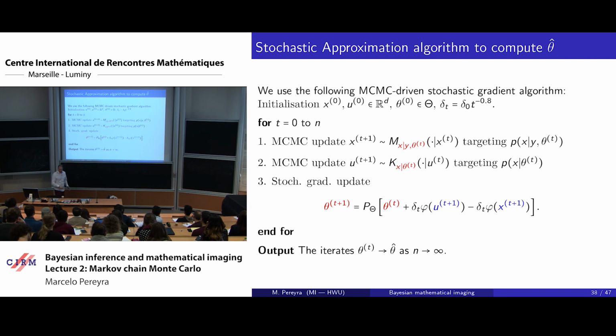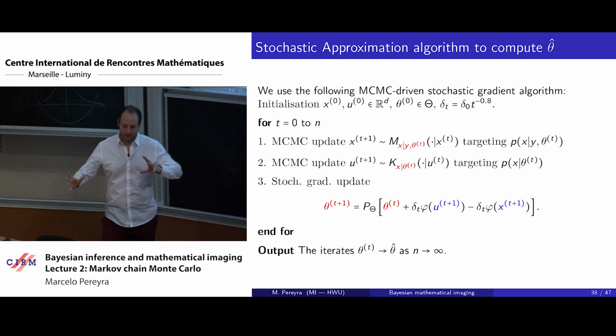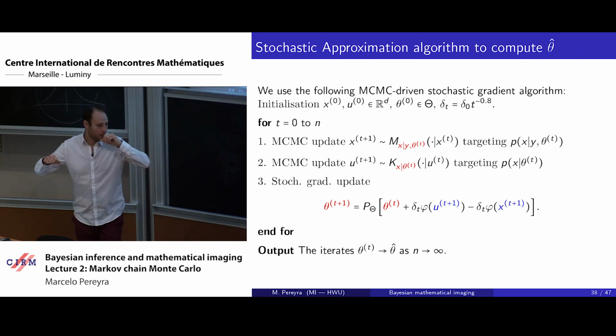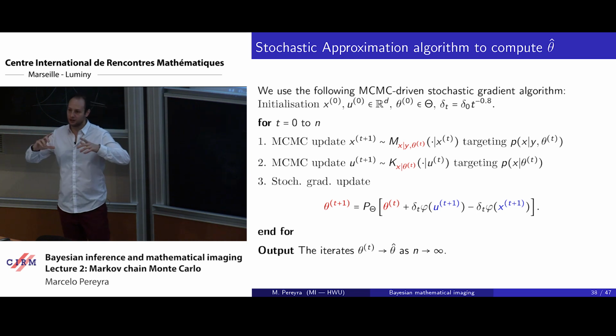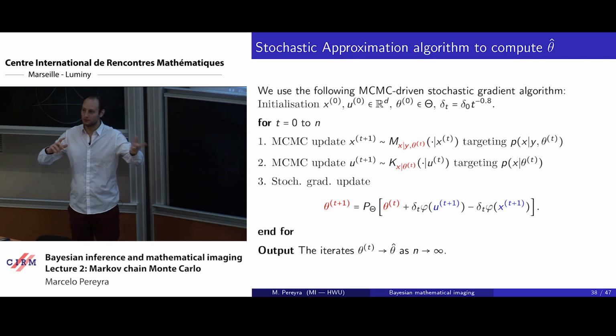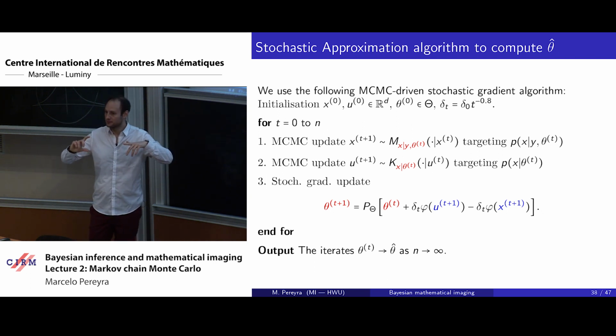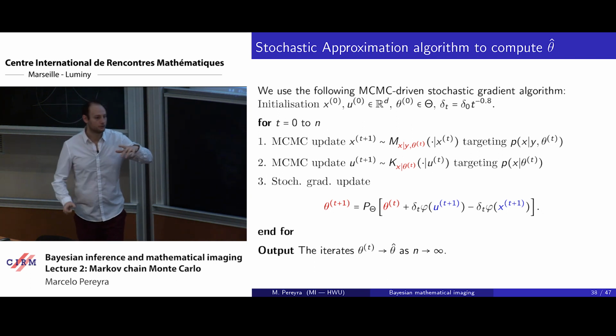So you have now an object that involves two random variables and a deterministic parameter theta, and you're doing an update that looks like two Monte Carlo steps, two Monte Carlo transition kernels, and one deterministic update for theta.